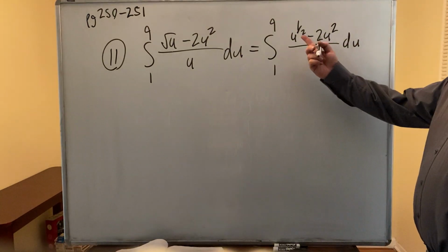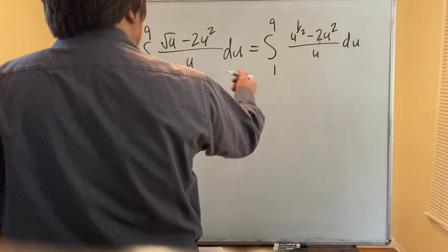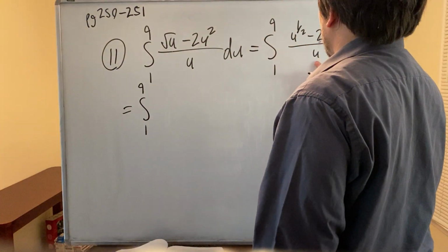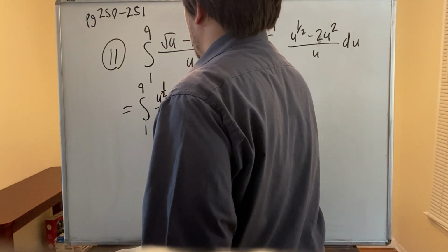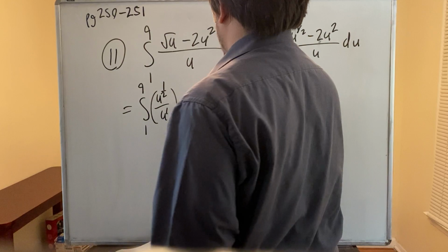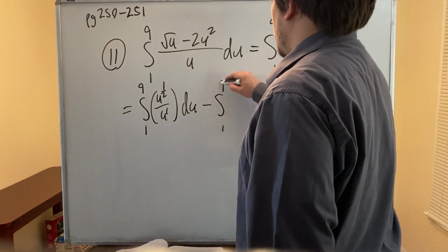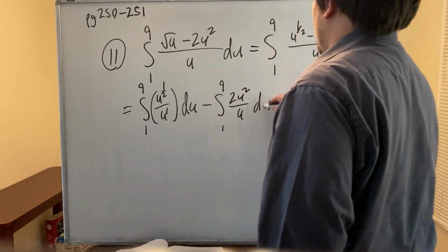And now, this is one fraction. I'm going to separate it into two fractions. So this is the definite integral from 1 to 9 of u to the 1/2 over u to the first, du. You don't have to write all these steps, but I'm writing them so you can follow. Minus the definite integral from 1 to 9 of 2u squared over u, du.